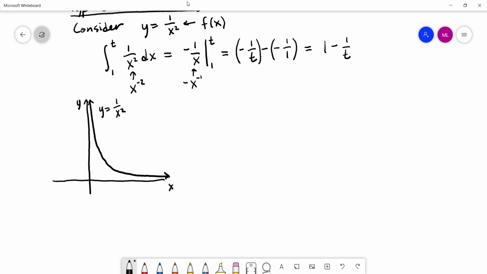And we're going from the point 1 up to some point t that we get to move around wherever we want. So just keep in mind right here at 1, if I were to evaluate the function at x equals 1, I'll get 1 over 1 squared, which is 1. So this height right here, incidentally, is also 1.